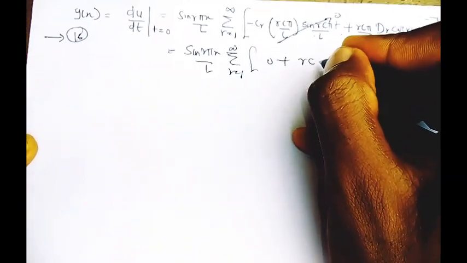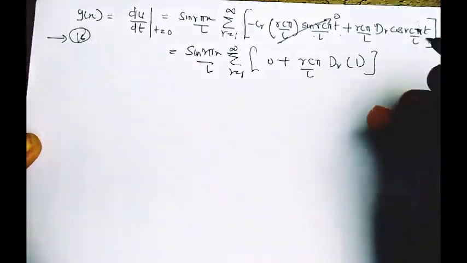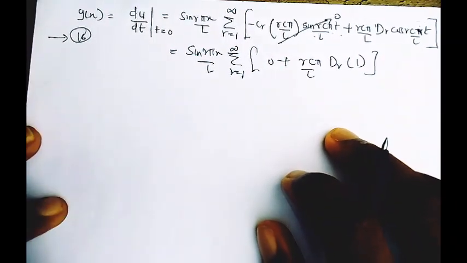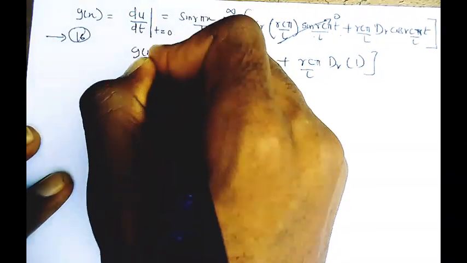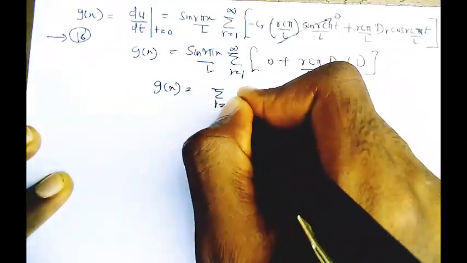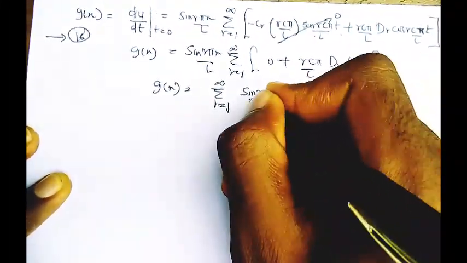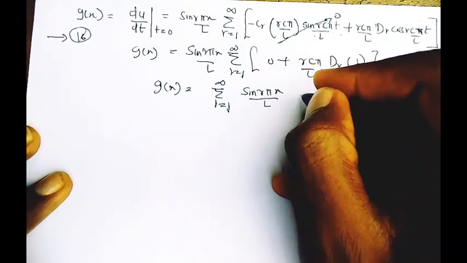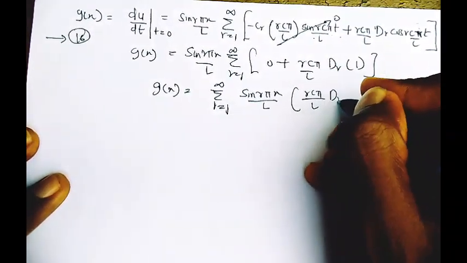So it is r c pi over L d_r times 1, right? So I'm left with, so this is my g(x). My g(x) is equal to summation r equal to 1 to infinity of sine(r pi x over L), then times r c pi over L d_r.